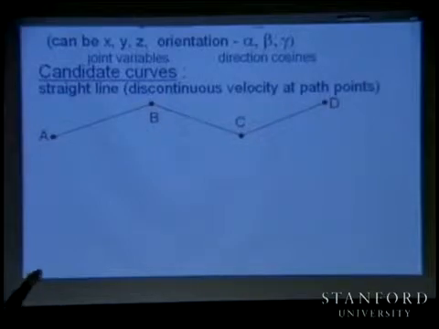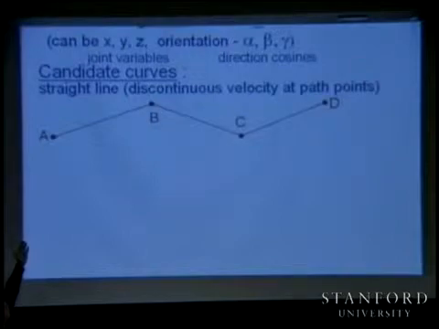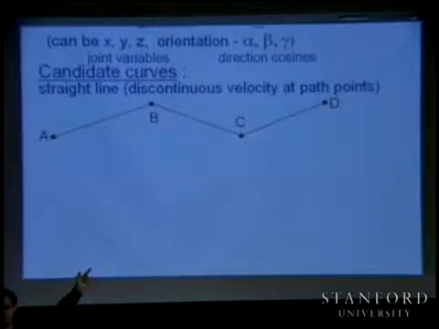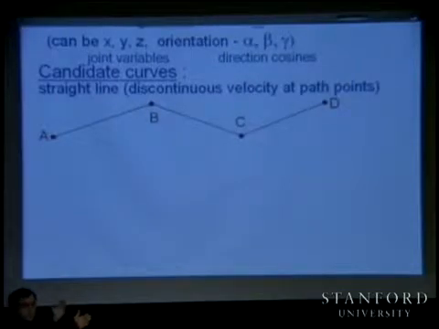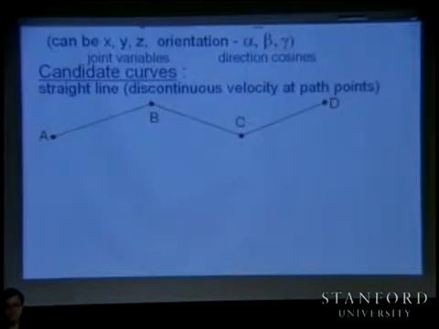As we'll see in the formulas in more detail, if we plan a straight line from A to B, we can't guarantee that the straight line from B to C will have the same velocity at point B as the ending velocity of the previous segment. So it's going to be a discontinuous, jerky motion.